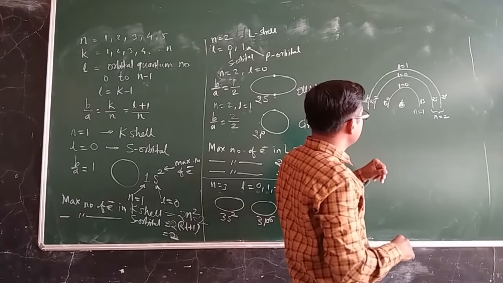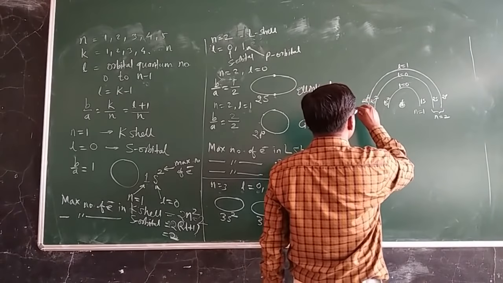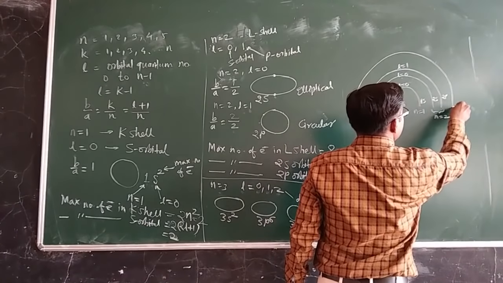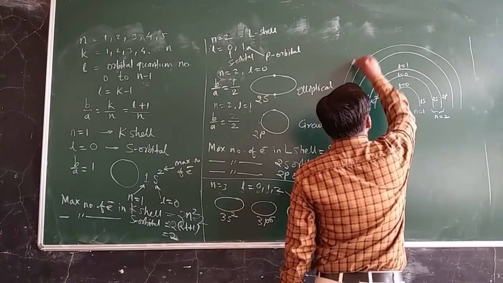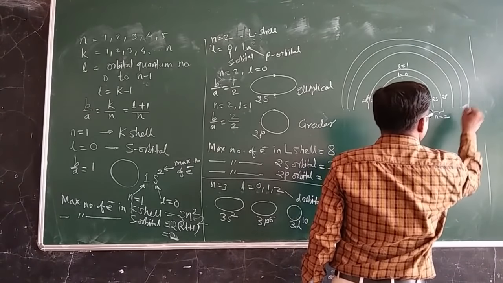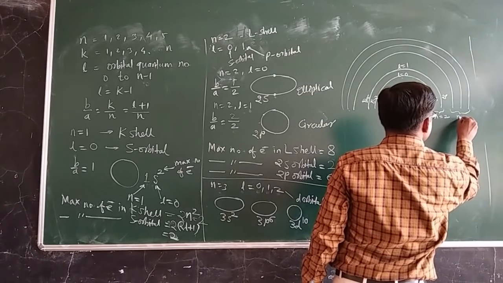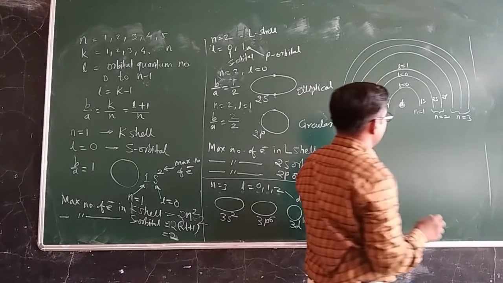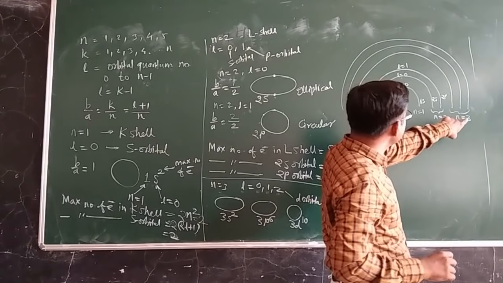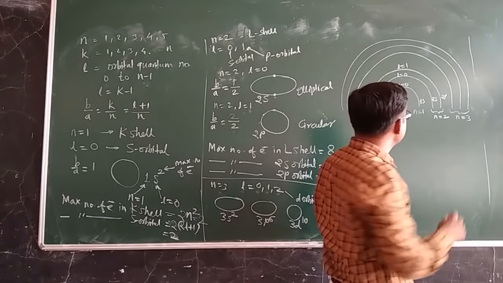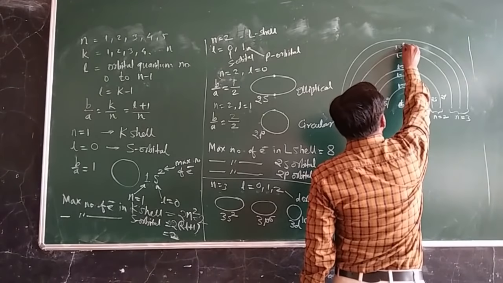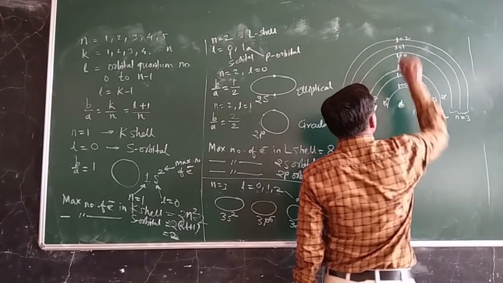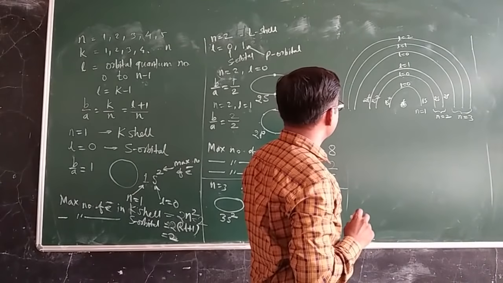For n equal to 3, how many orbitals are there? 3: 1, 2 and 3. So this is n equal to 3, or the M shell. In the M shell there are 3 orbitals. For this orbital l equal to 0, for this one l equal to 1, and for this one l equal to 2.